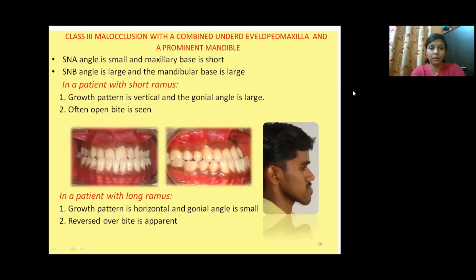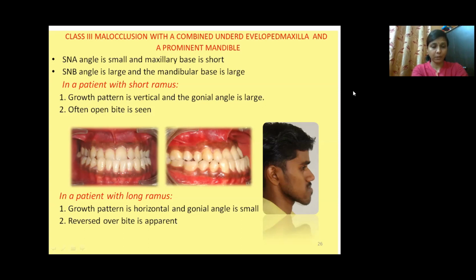This is the most problematic situation, when there is a combined underdeveloped maxilla and a prominent mandible. In these types of cases, cephalometric findings will suggest a small SNA angle and a short maxillary base, a large SNB angle and a large mandibular base. Here again, two conditions may exist: patients who have a short ramus and patients with a long ramus.